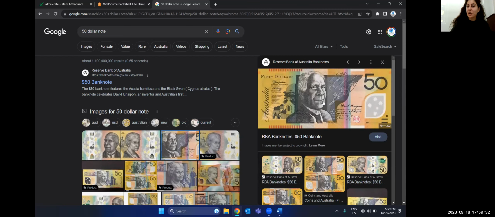Now, I'm going to talk about this side of the Australian $50 note. So this man is a native Australian. So he's an Aboriginal man. And his name is David Unaipon. I'm not sure if I'm pronouncing his name right, but his name is here. David Unaipon.